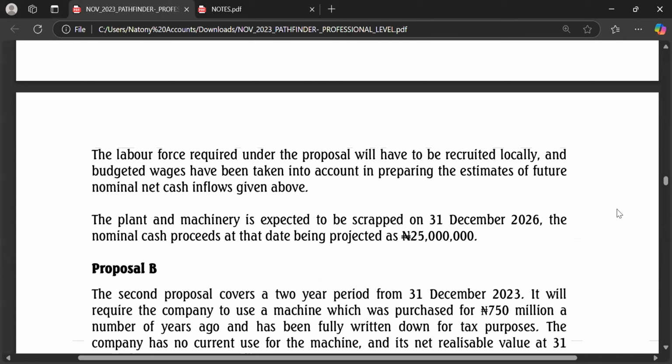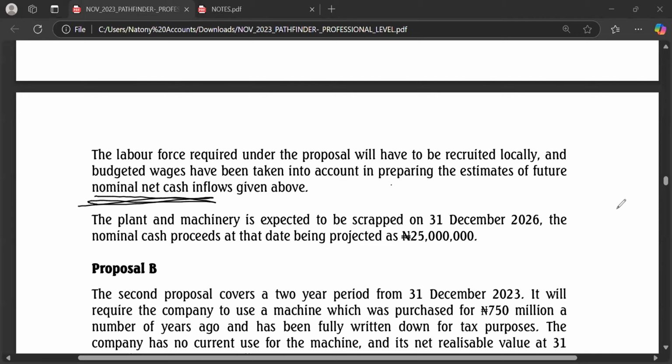The labor force required under this proposal will have to be recruited locally, and the budgeted wages have been taken into consideration in preparing the estimates of the future nominal net cash flows given above. So I want you to underline this word here, nominal cash flows. That means the figures given are nominal cash flows.